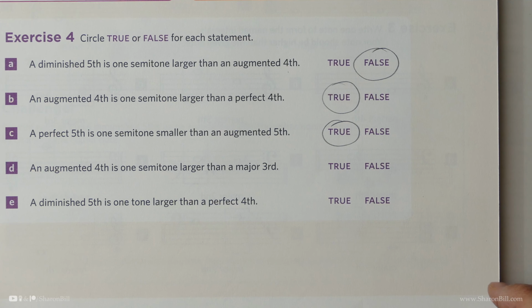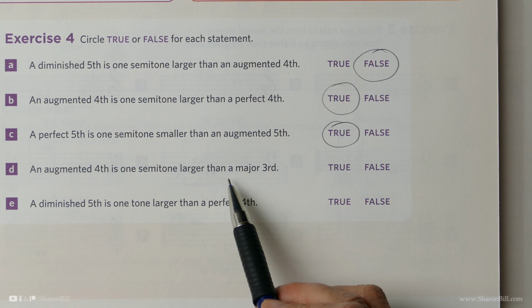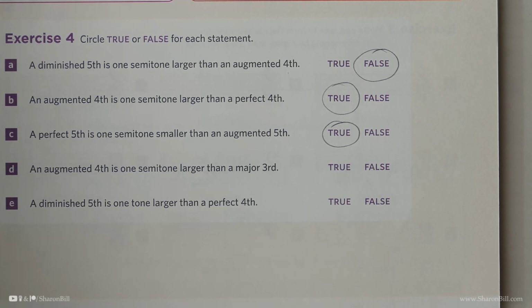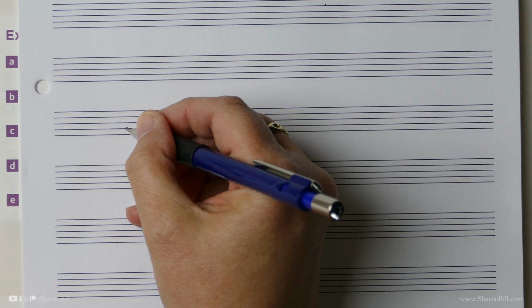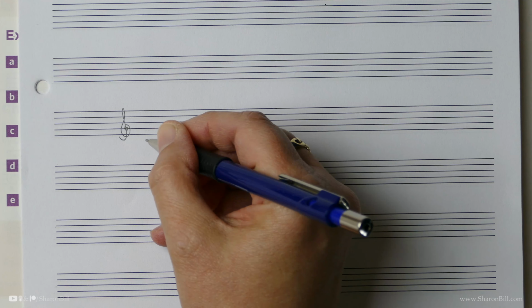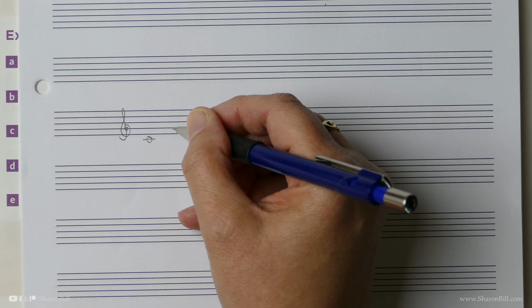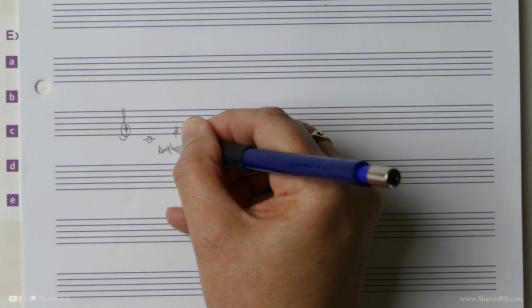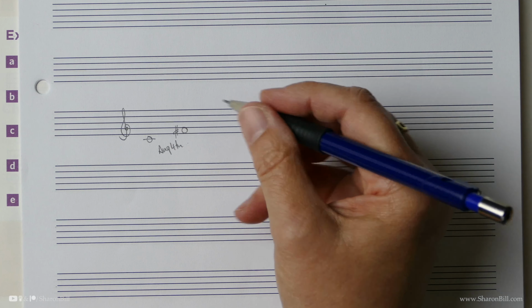Now, is it true or is it false that an augmented fourth is one semitone larger than a major third? Let's have a look at that. So an augmented fourth, let's just create one of those. So we have C to F, that's a perfect fourth, and then if we raise it, there's our augmented fourth. And then we need to compare that to a major third.